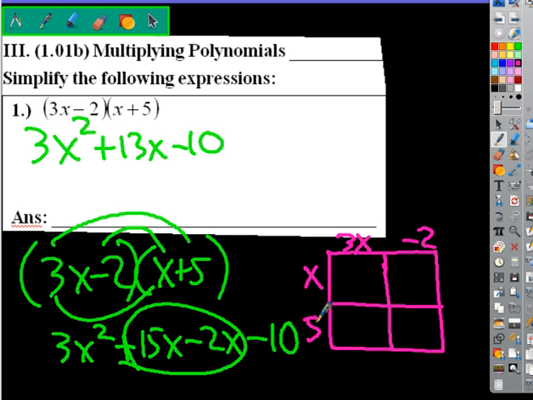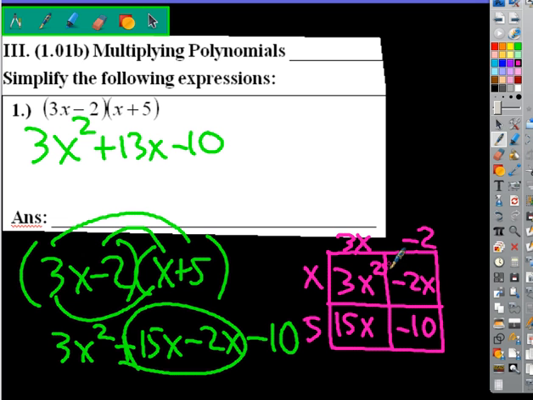The top left square has x and 3x, so that's 3x times x, or 3x squared. Moving to the right, I've got x times negative 2. It's negative 2x. Lower left, I've got 5 and 3x. That's 15x. And lower right, I've got 5 and minus 2. That's minus 10.